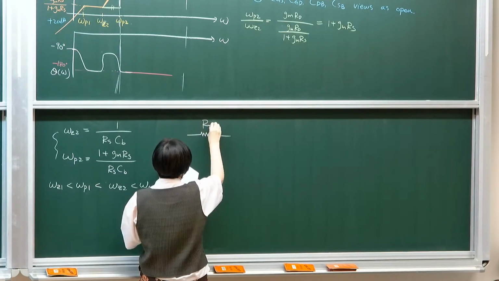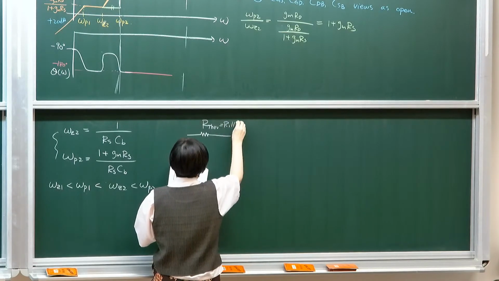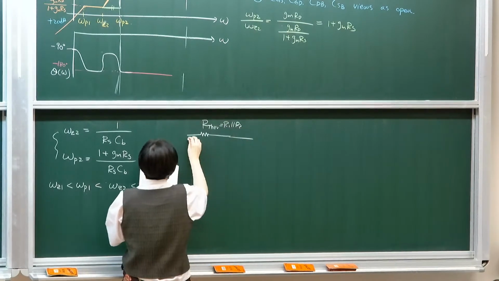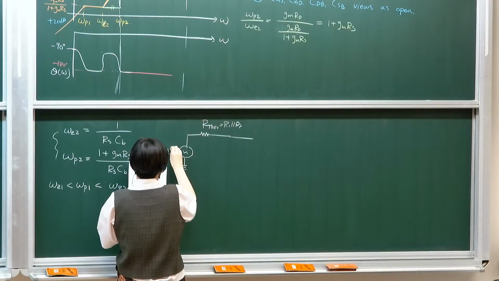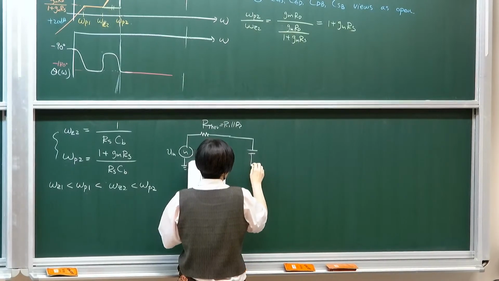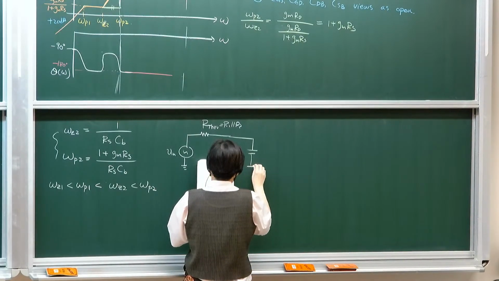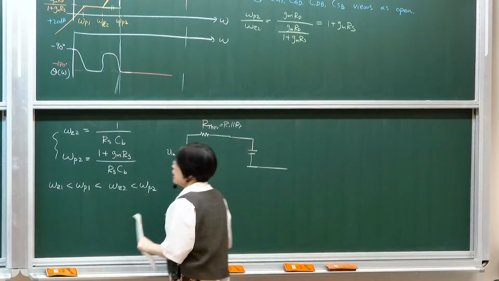So this will be R Thevenin. It's actually R1 in parallel R2 in this case. And then I have a Vin, which then comes into the circuit like this.